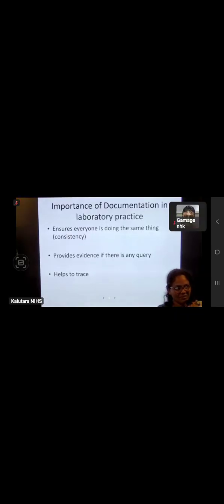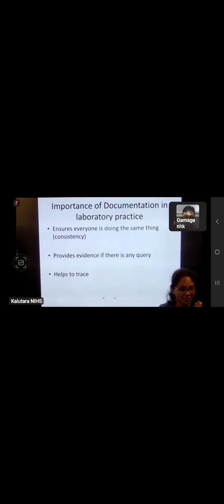Importance of documentation in laboratory practice: ensure everyone is doing the same thing. Consistency, because anytime you can refer to the document. For example, SOP. If you are absent on that day, the other MLTs have to do your test. So SOP is there, so that person also does the same. Consistency. Provide evidence if there is any query.